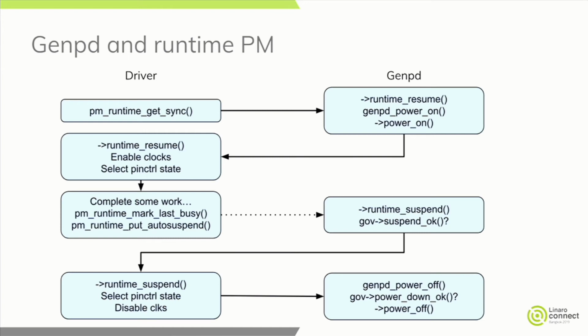That means Runtime PM will find a resume callback on the driver part and invoke that, which gives the driver the option to do driver-specific stuff, for example enable a clock or reconfigure the pins. So that's what's happening in the background.